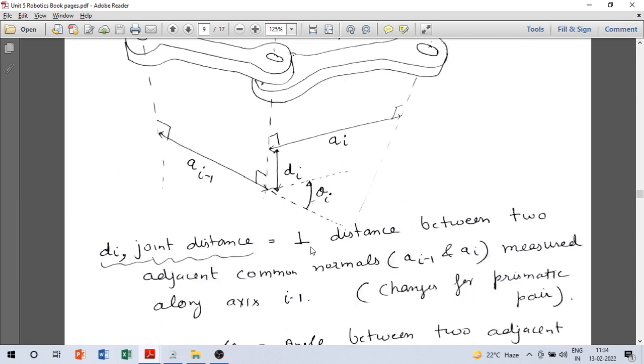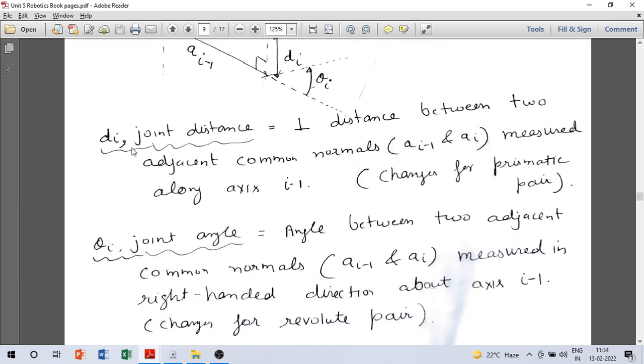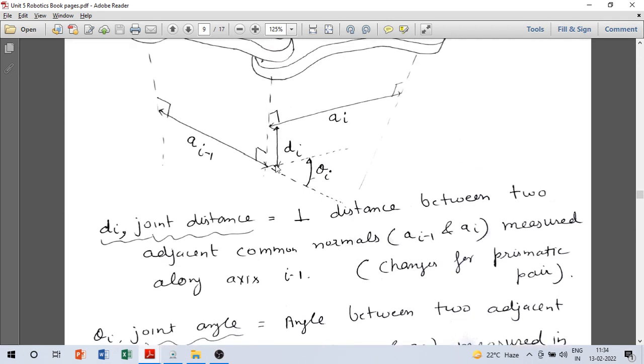The formal definition of these two: d I is called joint distance. This is the perpendicular distance between two adjacent common normals, A I minus 1 and A I, measured along axis I minus 1. It is the perpendicular distance between two adjacent common normals.